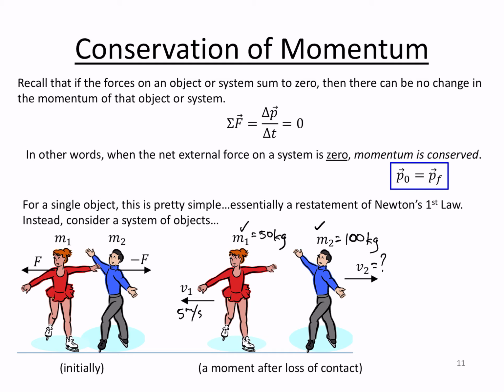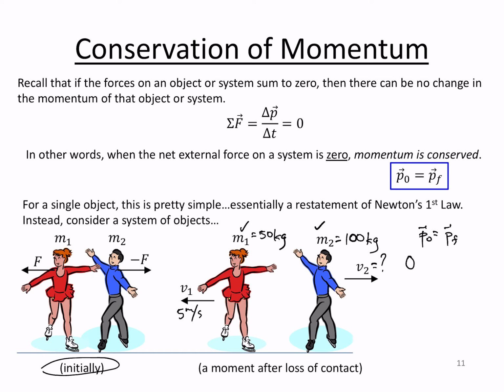And if we're considering this as they're pushing away, their initial momentum is 0 because they have not yet accelerated. And then a moment after they are no longer contacting one another, so they're no longer accelerating each other away from the other, we set up our conservation of momentum.